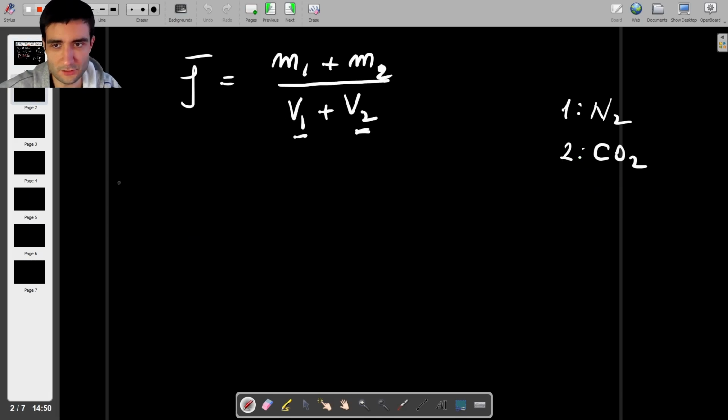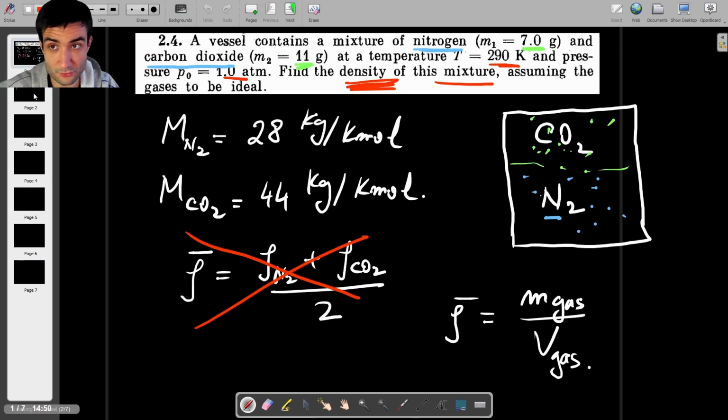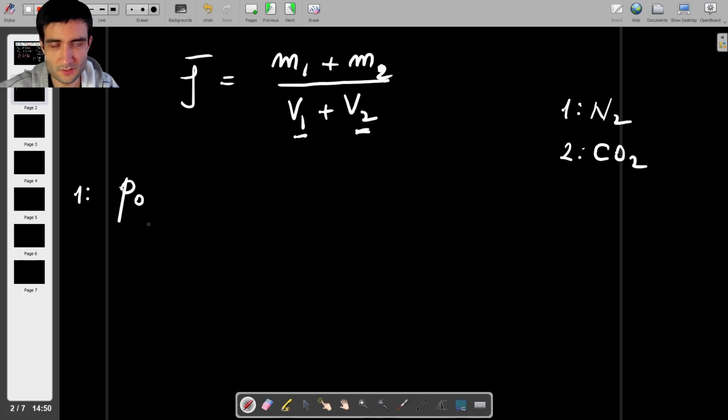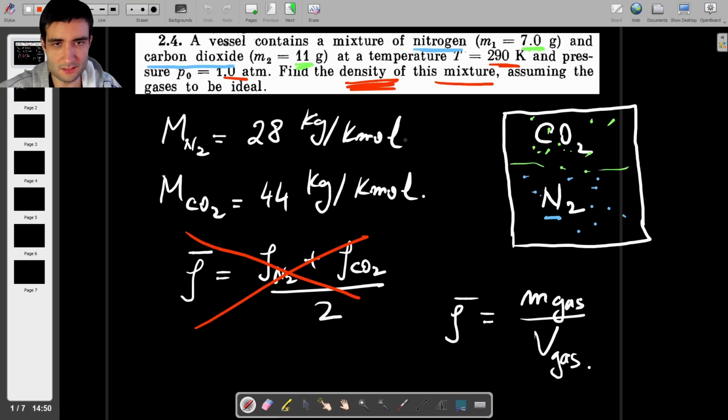So let's write the ideal gas law. For the first gas, the nitrogen, we have the pressure P0 times the volume V1 equal to M1 times R, the universal gas constant, divided by the molar mass capital M1, times temperature T. You can take the molar masses from the periodic table: 28 kilograms per kilomole for nitrogen and 44 kilograms per kilomole for carbon dioxide.